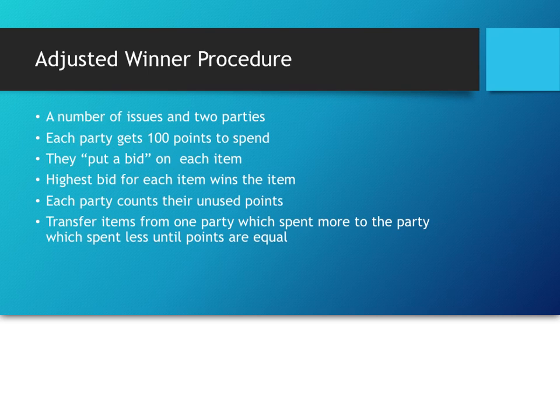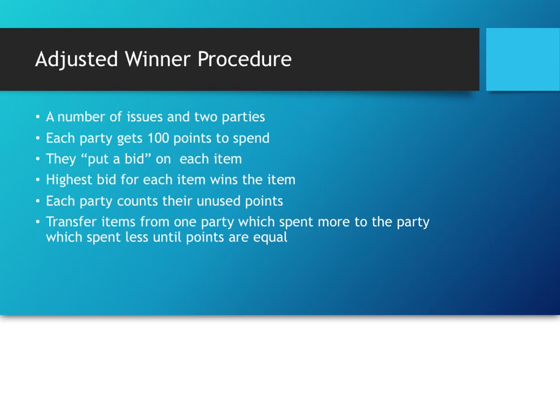Basically this is when there's a number of issues between two parties. The classical example is if two companies merge: who's the CEO? What name do they take? Those sorts of things. Each party is going to get 100 points.